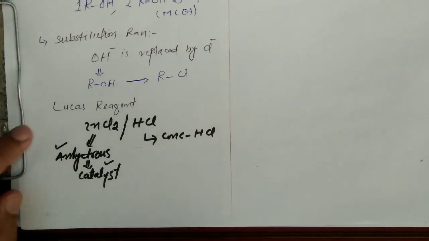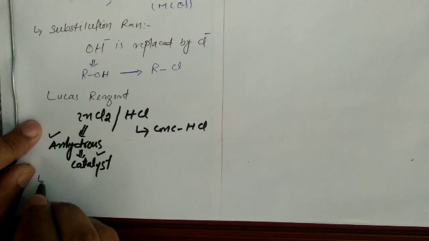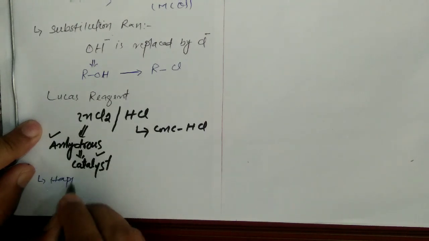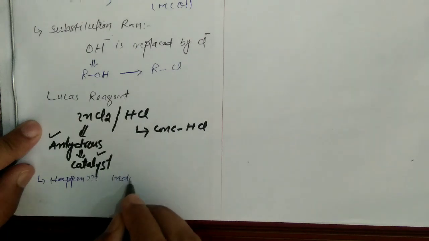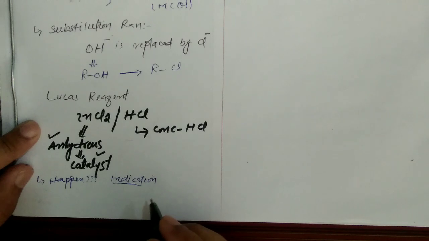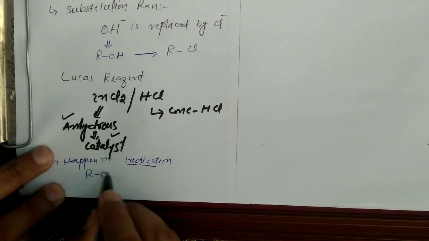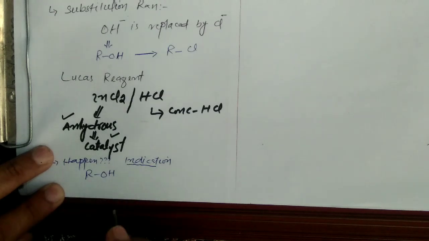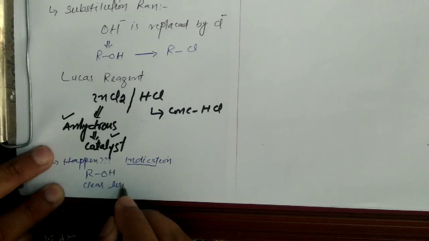What happens actually during the reaction? What is the indication which indicates that the reaction has happened? So we start from alcohol, which is a clear solution, a clear liquid.